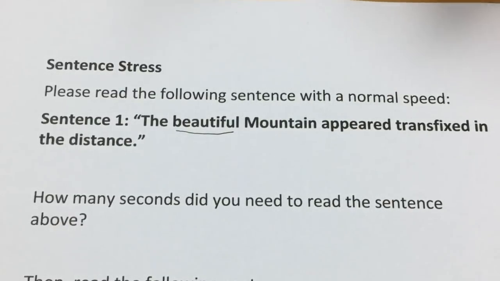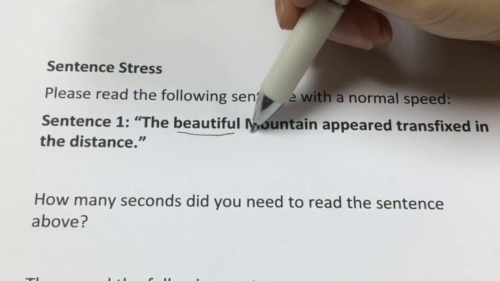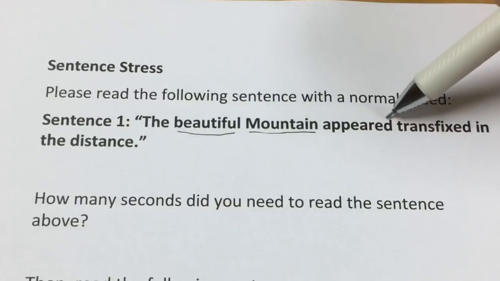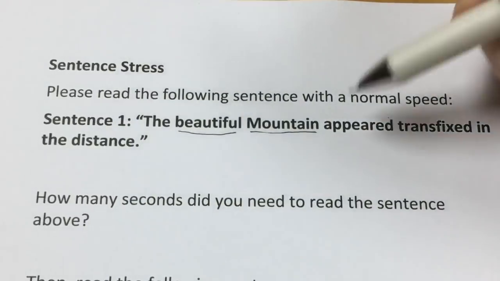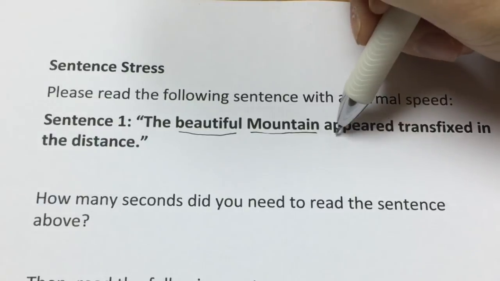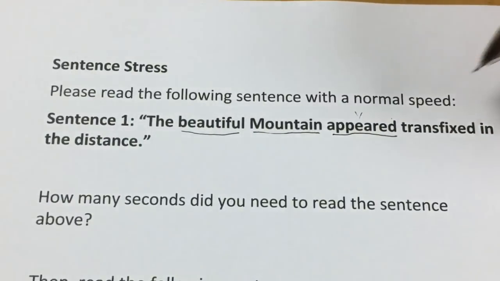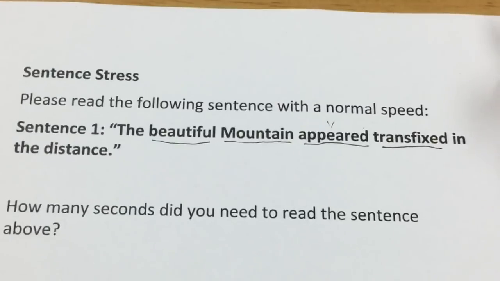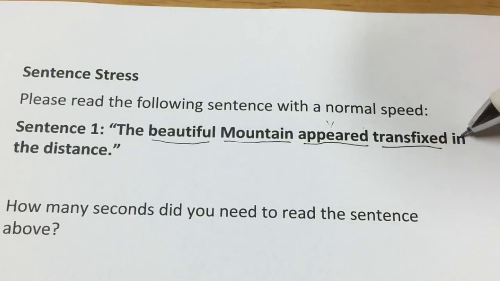Mountain is a noun. So of course, nouns, verbs, adjectives, adverbs. Appeared is a verb. Yes, of course, we need to stress it. Transfixed. What is this? This is an adverb. So let's stress this one. In.